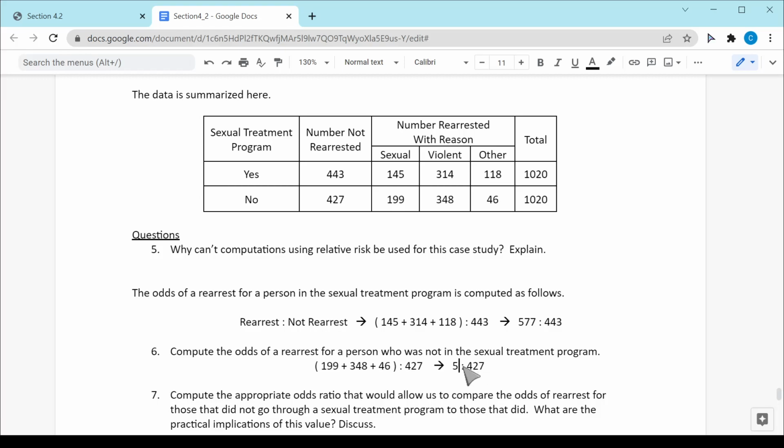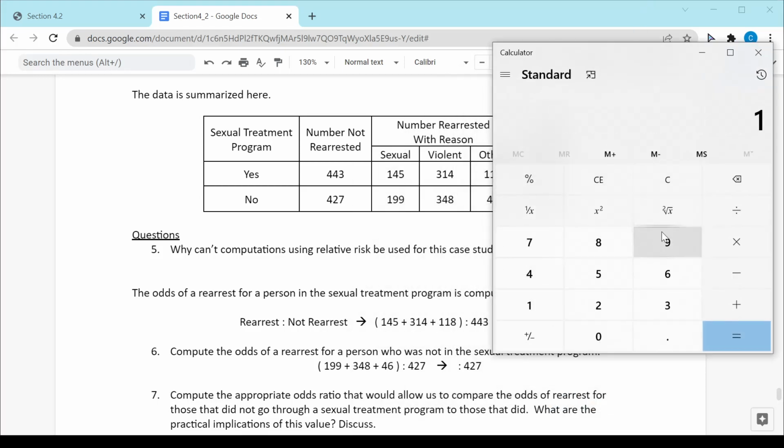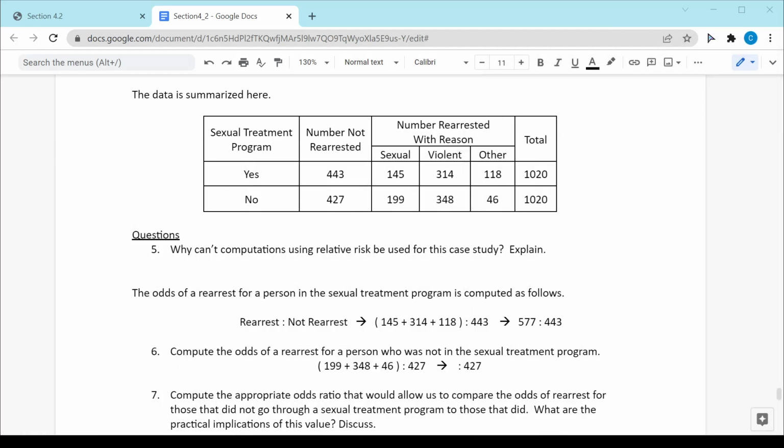How many were rearrested? That's going to be 199. Let me get my calculator. 199 plus 348 plus the 46. So 593. So this is the number that were rearrested, and this is the number that were not. Okay, so we can see that those that did not go through the sexual treatment program, we do have slightly more that were rearrested.